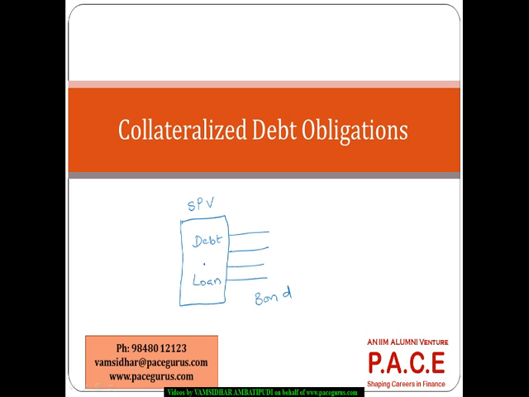So there could be different kinds of debt obligations. There could be a pool which contains corporate debt, corporate bonds, right? Or there could be emerging market bonds or loans.